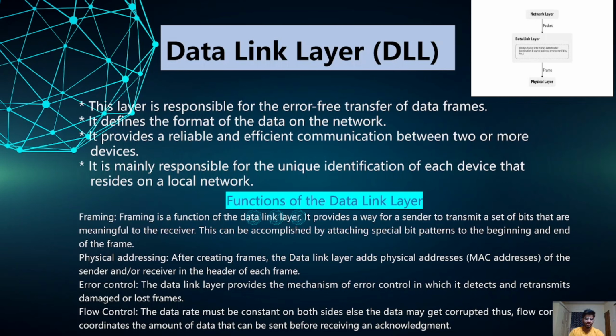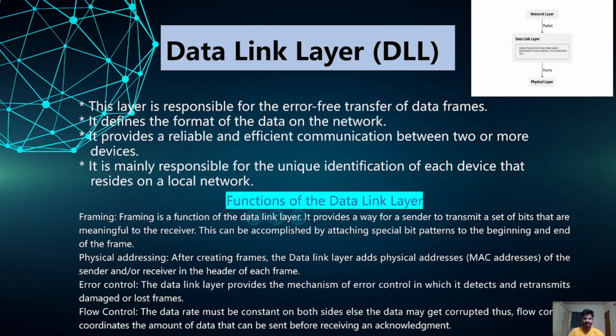Here, error control is achieved by adding the cyclic redundancy check, which is placed in the data link layer's trailer, which is added to the message frame before it is sent to the physical layer. If any error occurs, the receiver sends an acknowledgement and the corrupted frames are retransmitted.